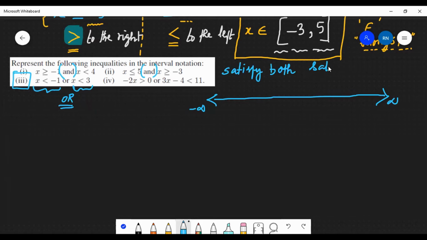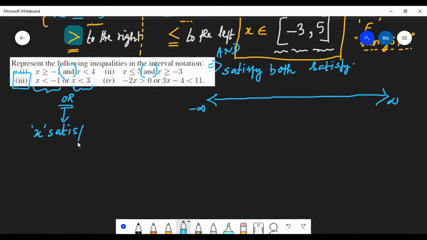But when you say or, it has a different meaning.